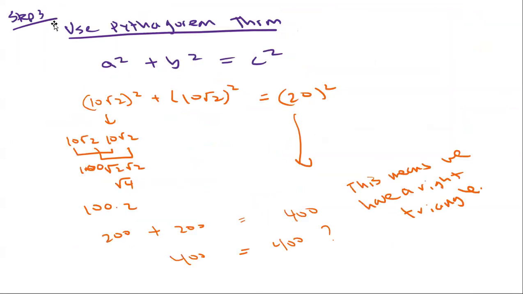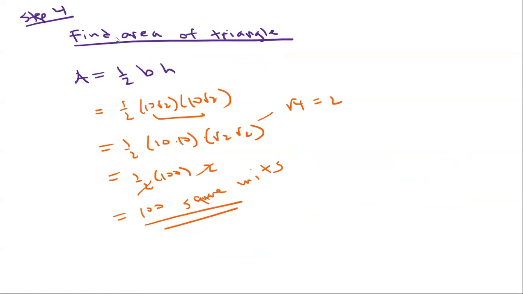Here is step 3. We did the Pythagorean theorem. So we have a squared plus b squared equals c squared, and we want to show through the Pythagorean theorem if they're equal or not. In this case, they were. So this means that it's a right triangle. Then we go to the last step, and that is to find the area by using 1/2 times base times height.